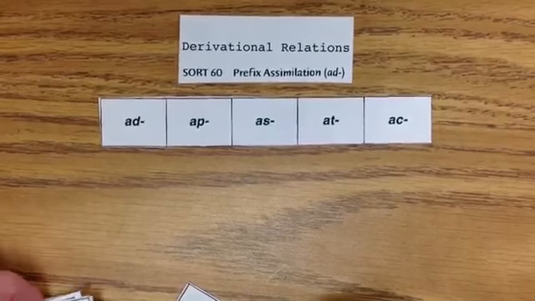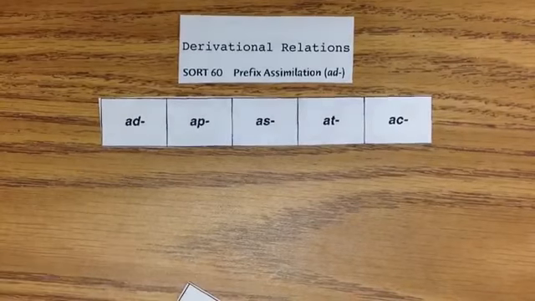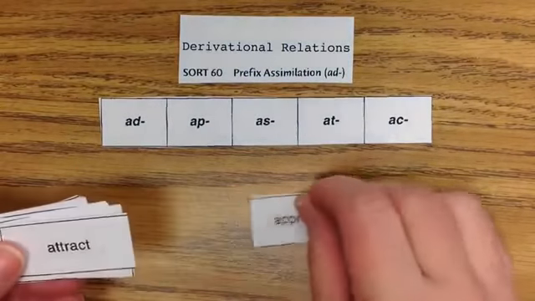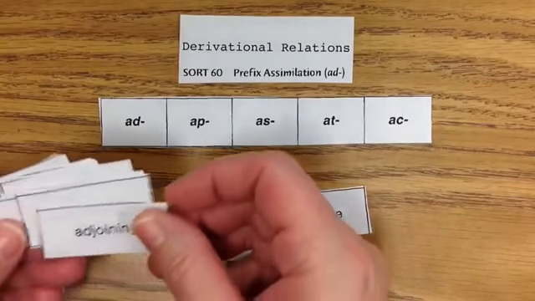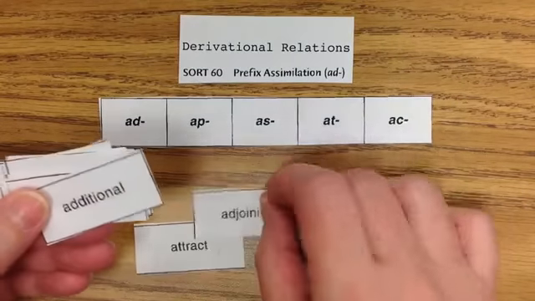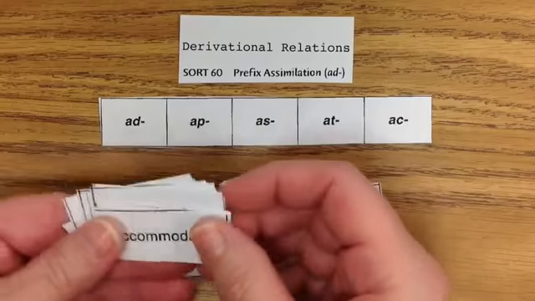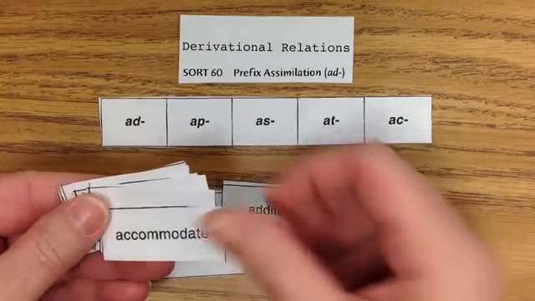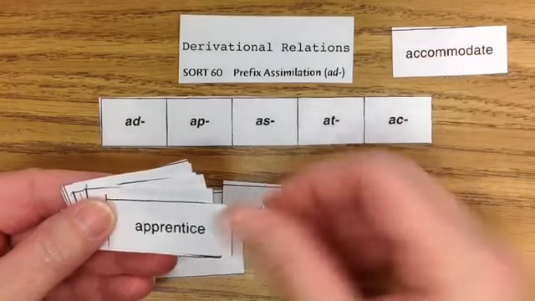So go through your words. You really need to go through your words. Appreciate, attract, adjoining, additional, accommodate. We're going to be talking about this word. That's a hard one.